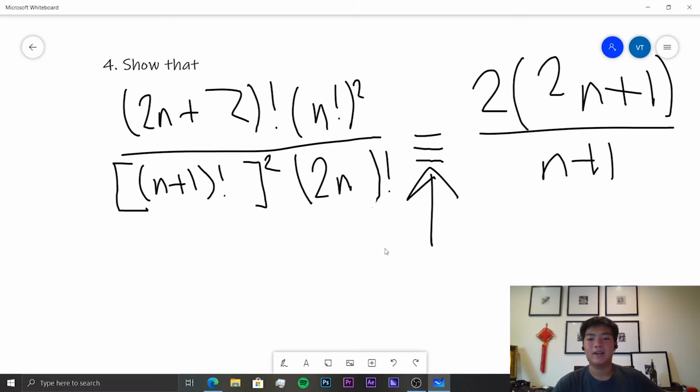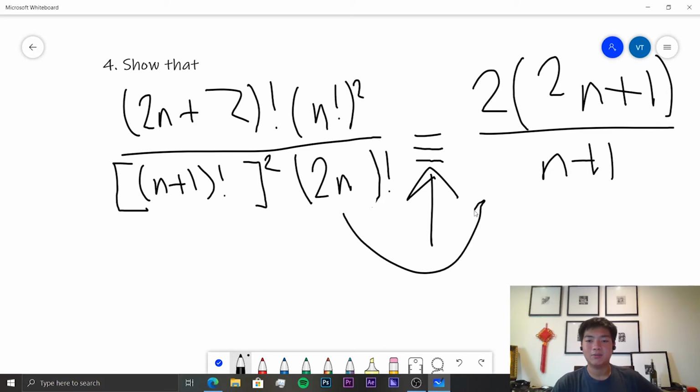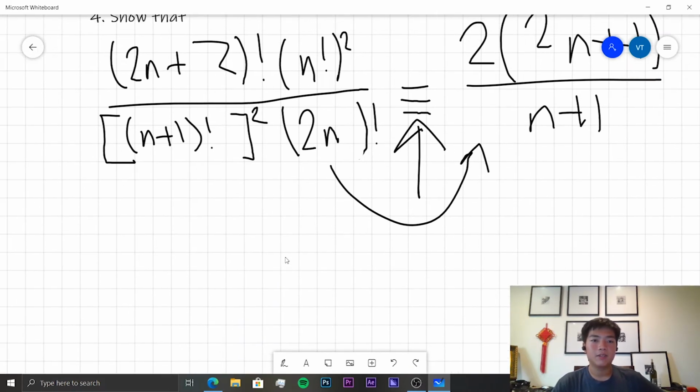So it's not like an equation where we have to find a certain value of n that satisfies both sides, but we actually need to prove, in this case, that it is true for all values of n, and it's similar to a proof. We have to prove that this side is equal to this side. So, how are we going to do that?